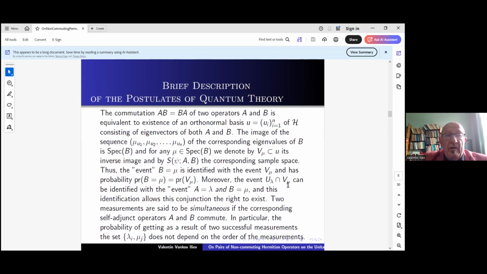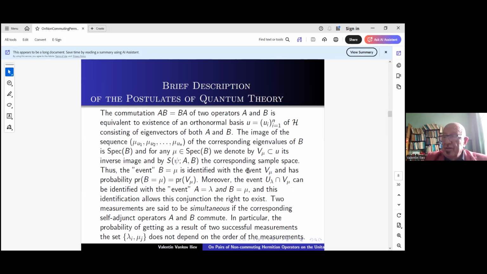Now what is important: the intersection of U lambda and V mu exists. Of course, this is the intersection of two events in a classical sample space, and we identify this event with the conjunction A equals lambda and B equals mu.